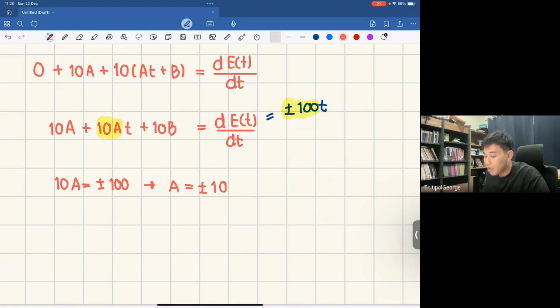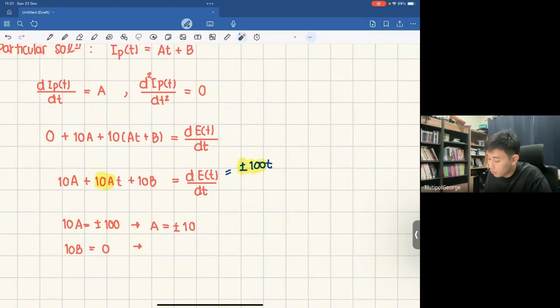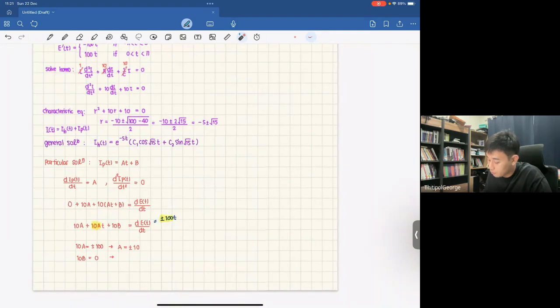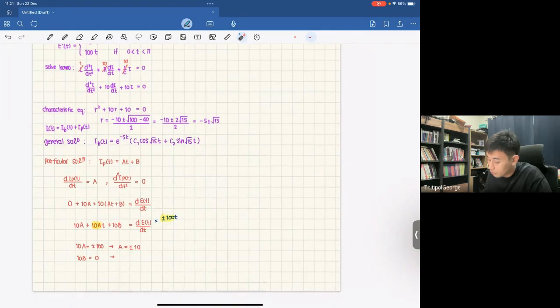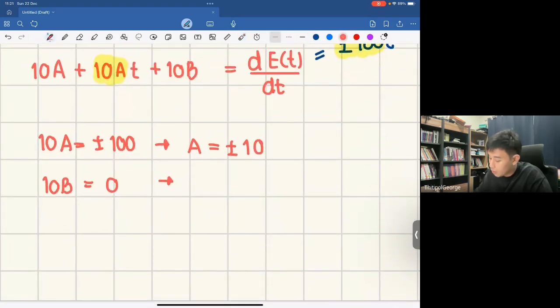And for the constant term, we have 10b, so our 10b is going to be 0, since we don't have this one. So b is going to be 0.